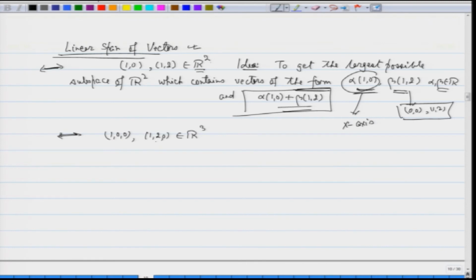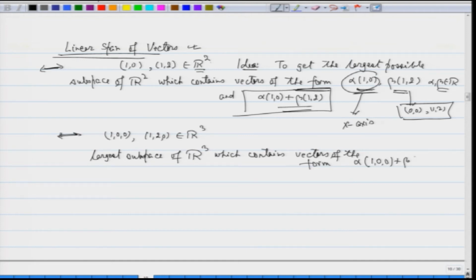I want to get the largest subspace of R³ which contains vectors of the form alpha times (1, 0, 0) plus beta times (1, 2, 0), where alpha, beta belong to R.